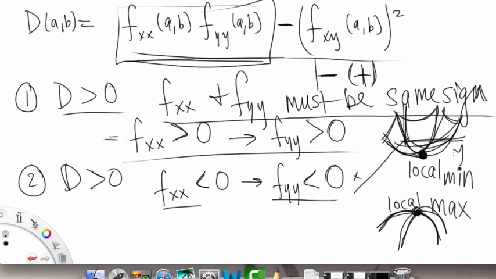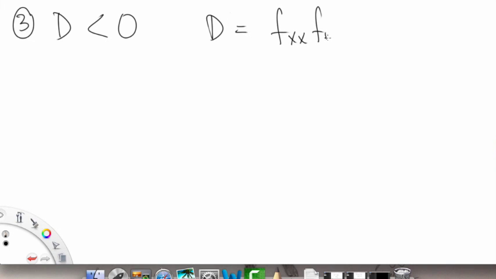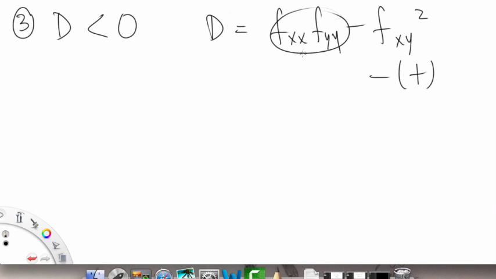Now let's move on to the last couple options. Option number 3 is if D is less than 0. I'll write that formula again. D is equal to fxx fyy minus fxy squared, right? We already said this is always minus a positive number, so it depends on what's going on in the front.